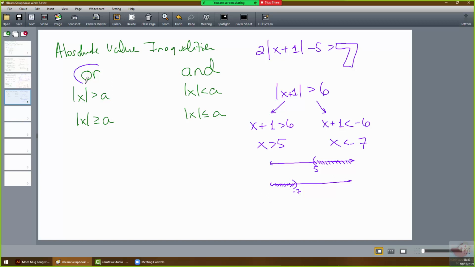The conjunction here is the word "or," because our inequality after being isolated was greater than. So if we put both of these on a single number line, we would want everything to the left of -7 or everything to the right of 5.